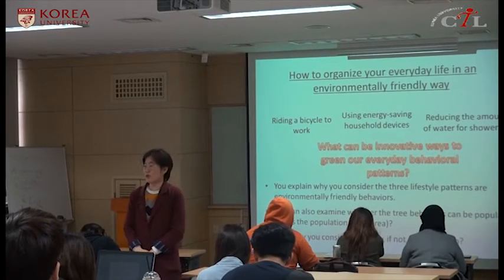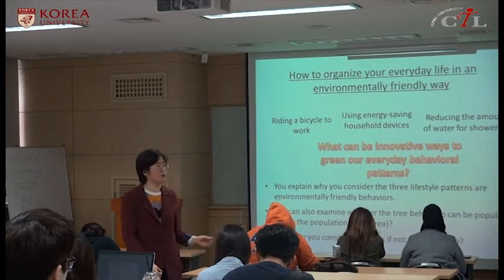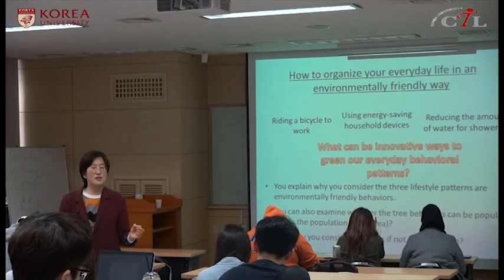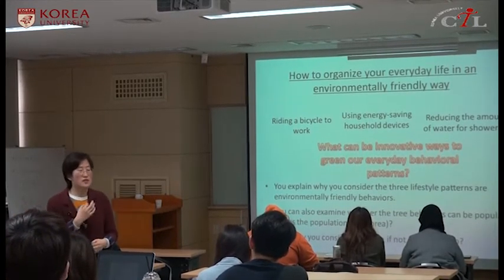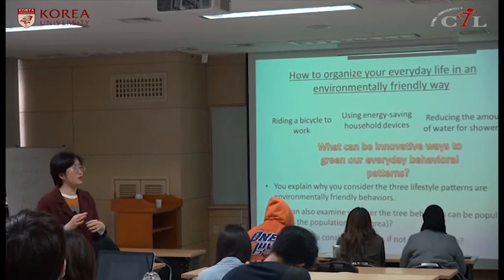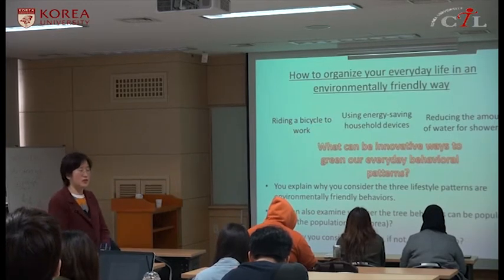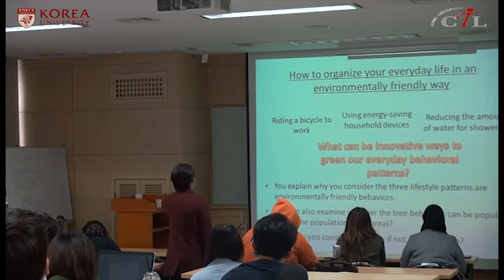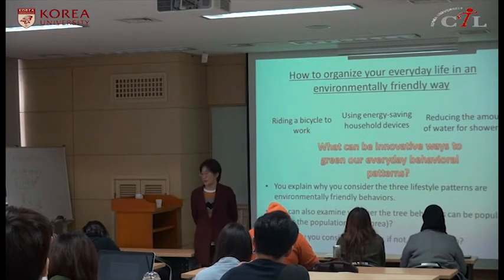So you examine if it is possible, why it is possible. If it is not possible, why you consider it is not possible. And if it is not possible, you can suggest in what way these behaviors could be possible across the different segments of population in a society, whether in the United States, South Korea, Hong Kong, or China.